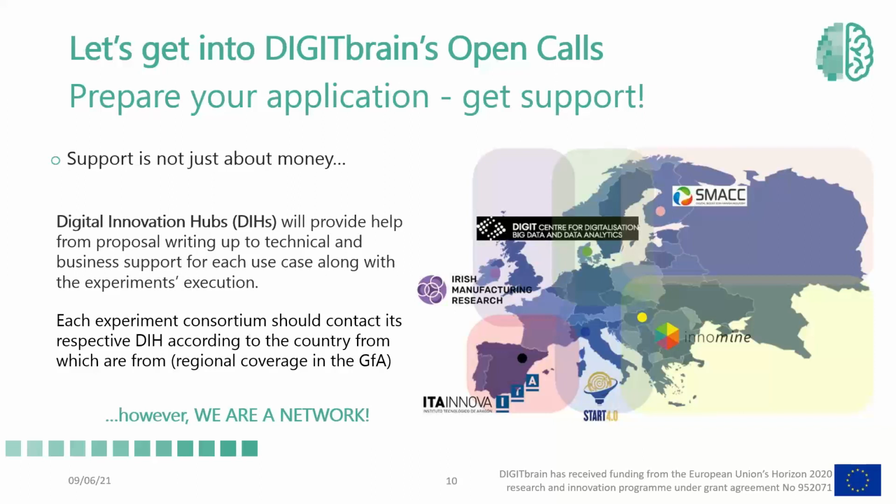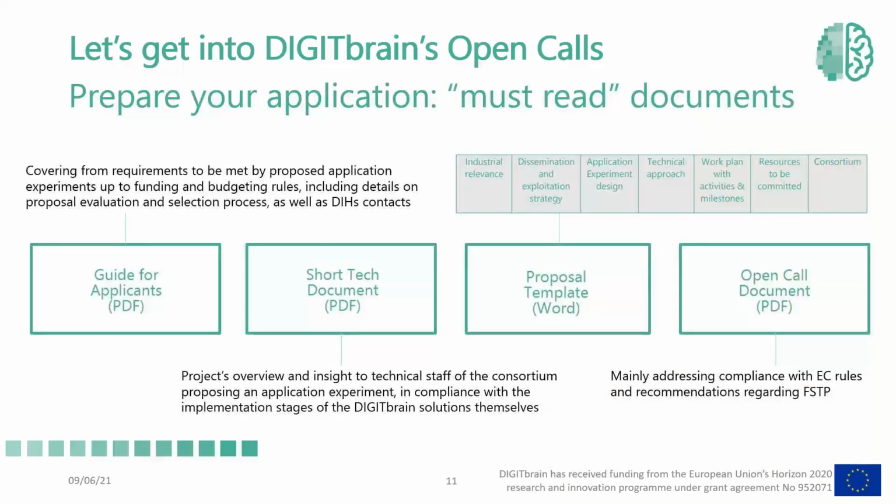So each experiment consortium is strongly encouraged to contact its respective DIH according to the country they are from. You see here a picture representing the regional coverage of the DIHs, which is better detailed in the guide for applicants. And this brings me to the next slide.